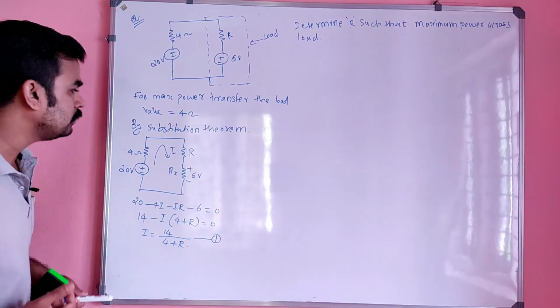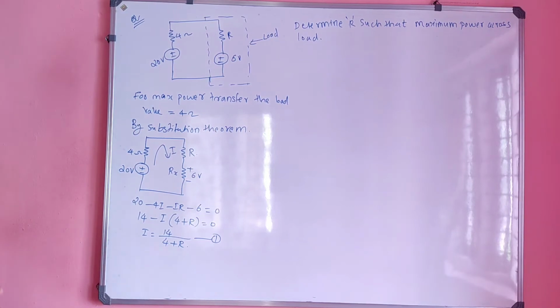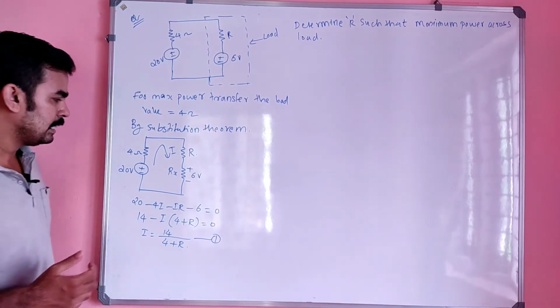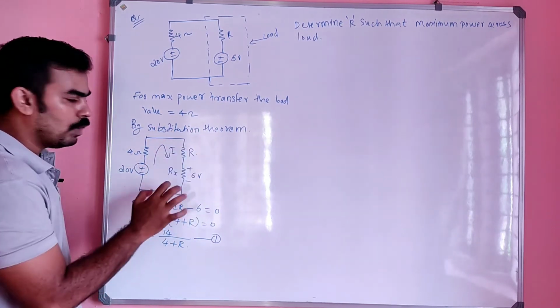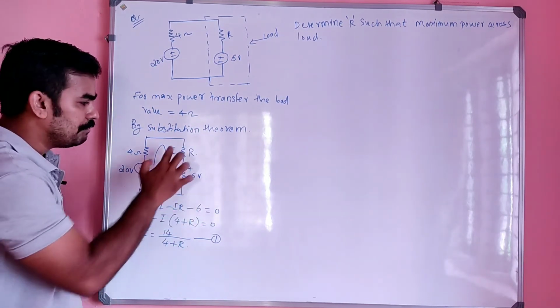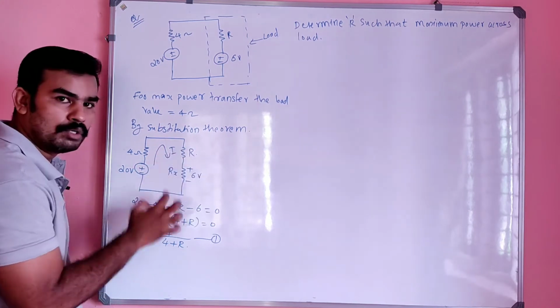Okay. And one more thing you have to notice, since the effective value of this will be equal to what? 4, right? The effective value of this circuit will be equal to what? 4 ohm.